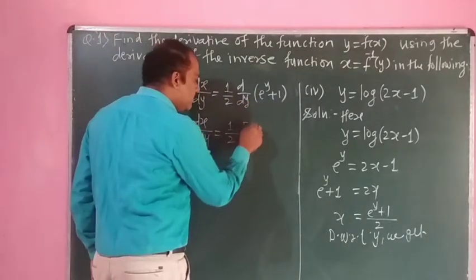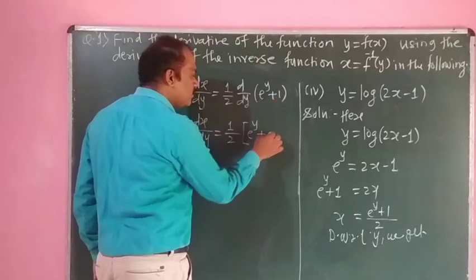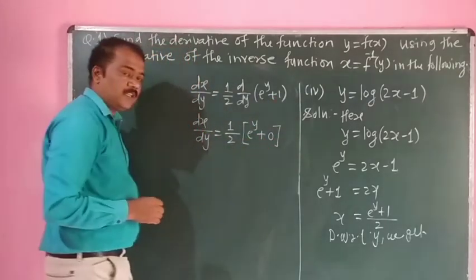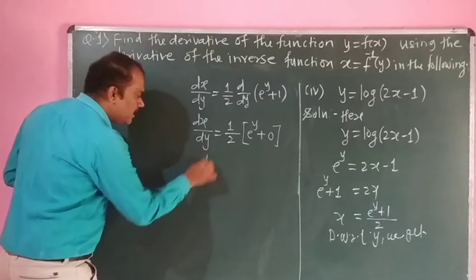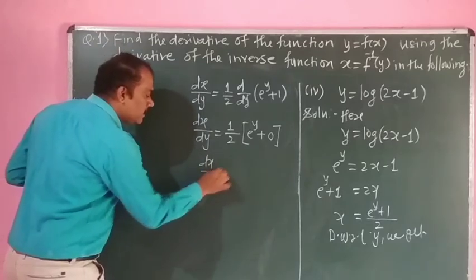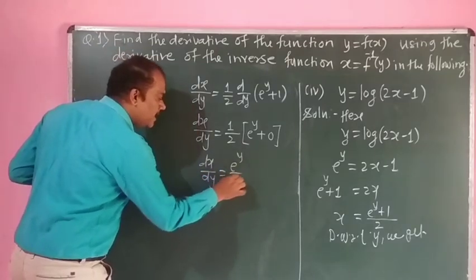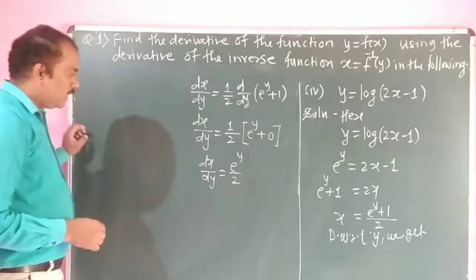Plus 1 is a constant, so its derivative is 0. So dx by dy is nothing but e raised to y divided by 2.